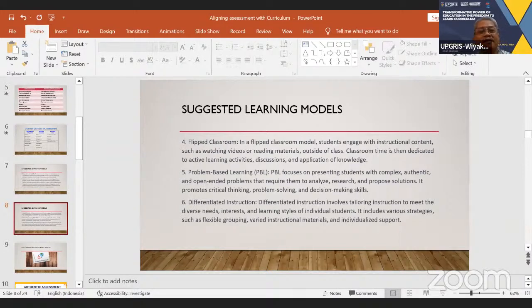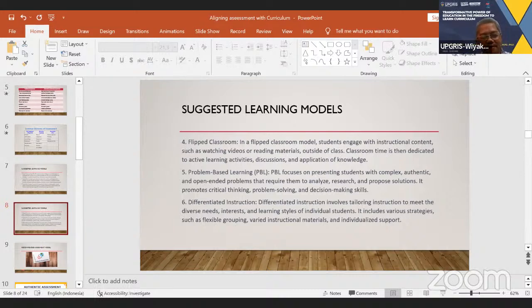And then the last is differentiated instruction. Let's say the philosophy of differentiated instruction, pembelajaran berdifferensiasi, will encourage teachers to be aware that they teach students with a lot of differences.